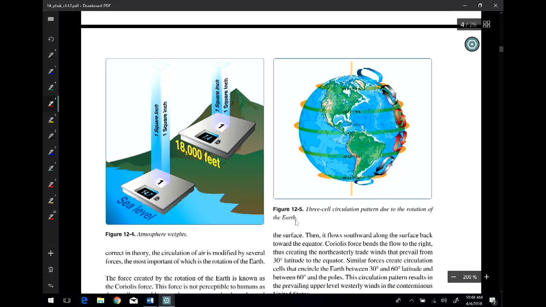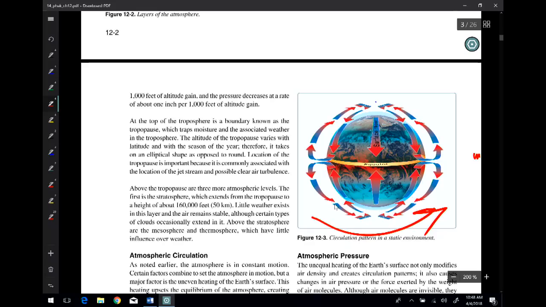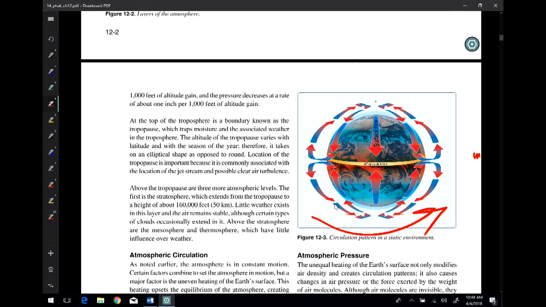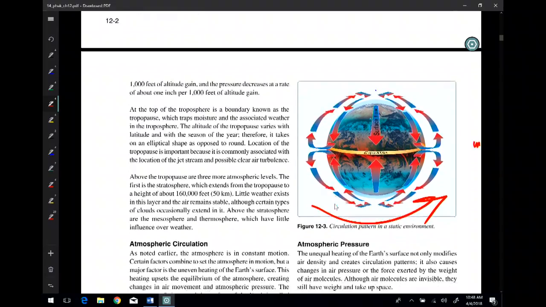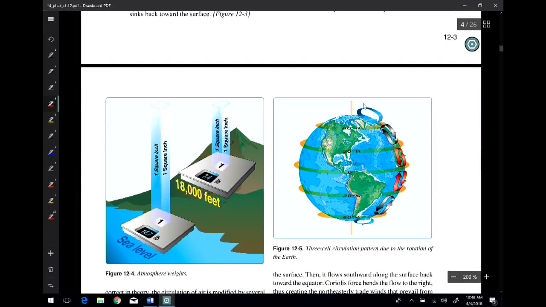This is due to the rotation of the Earth. So for instance, if we remember this illustration, which is just a static thing if the Earth didn't rotate, but because the Earth does rotate, it creates three of these loops, each in the northern hemisphere and in the southern hemisphere. And this is where these circulation patterns develop.